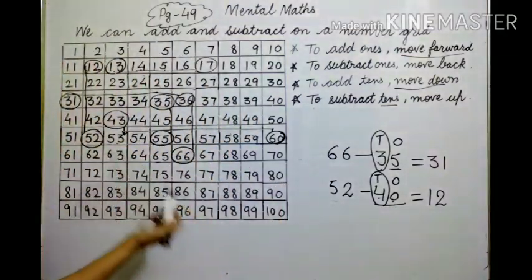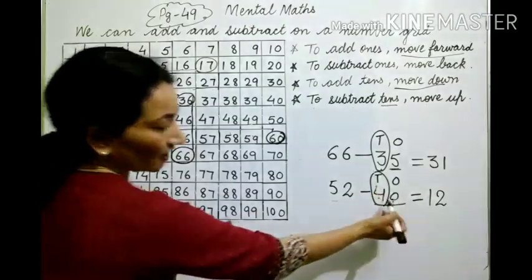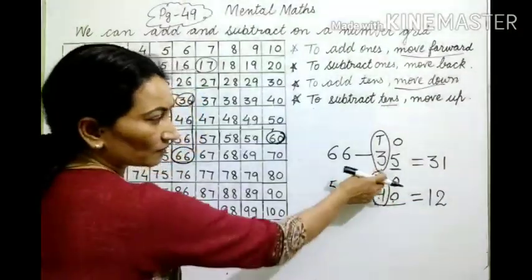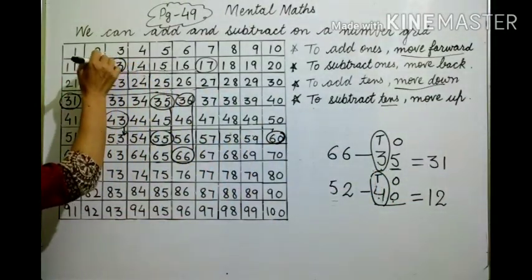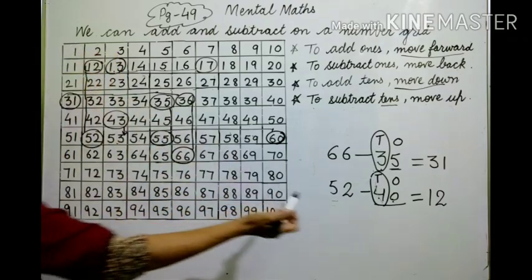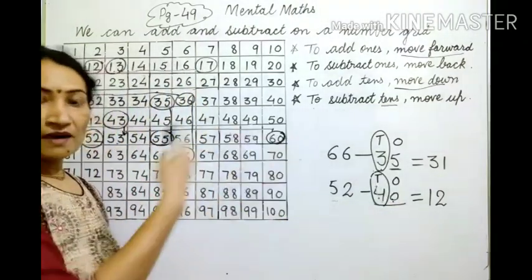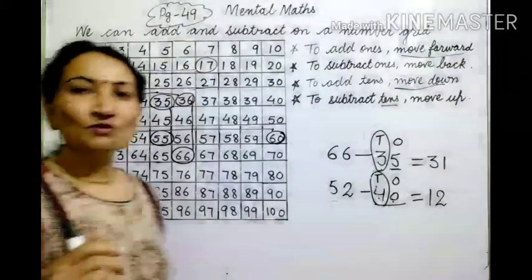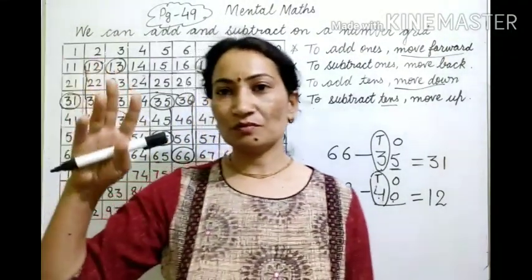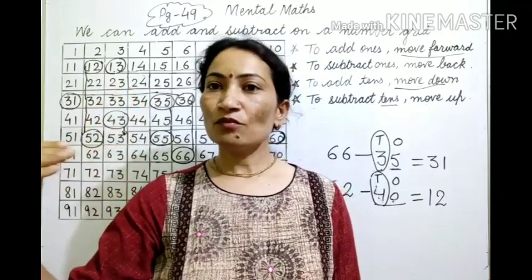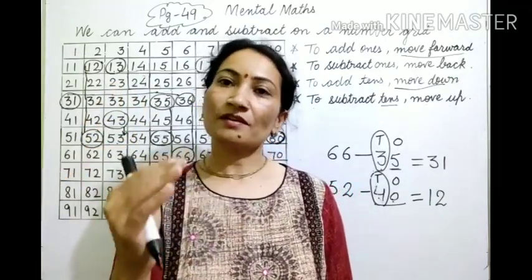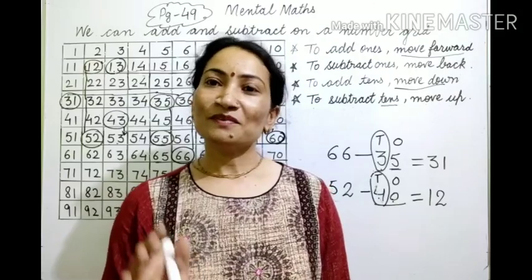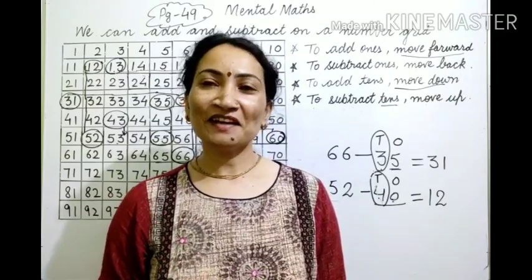Up when we subtract tens, and we move back if ones are there. Clear? Up and back are different. We use up steps to subtract tens and we move backward to subtract ones. Hope this concept is clear to you today.